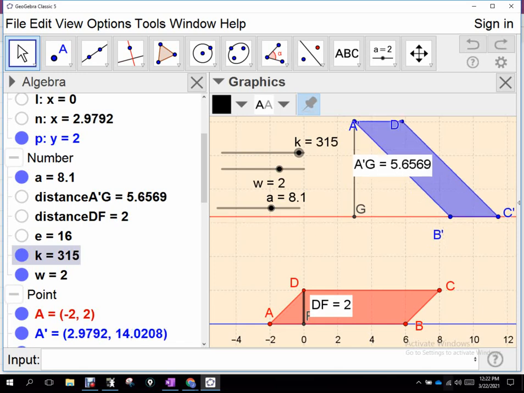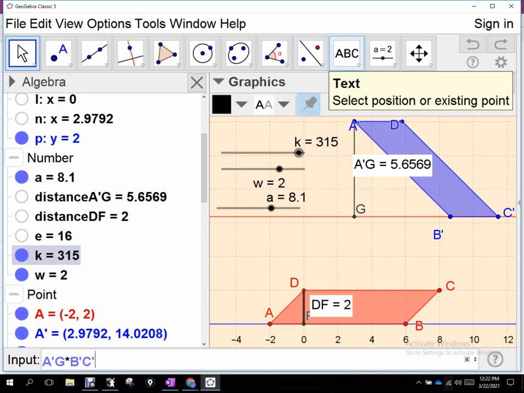So what I want to do here is take A prime to G, that would be this altitude, and now I'm going to multiply it by this base, so the base is still this small segment, B prime C prime. So multiply that by B prime C prime. Neither of those are really nice numbers.